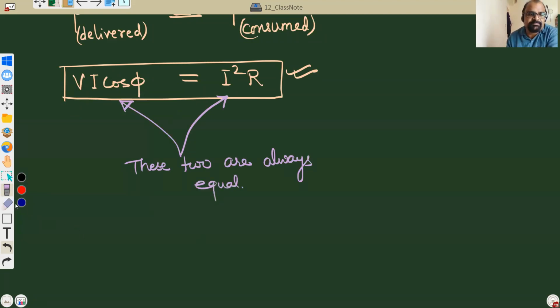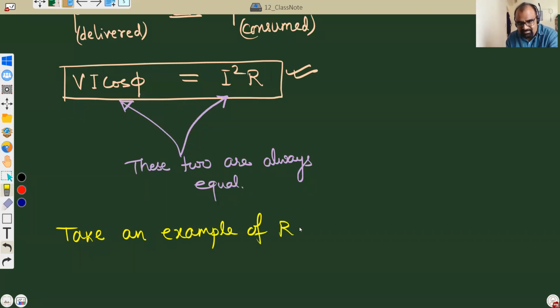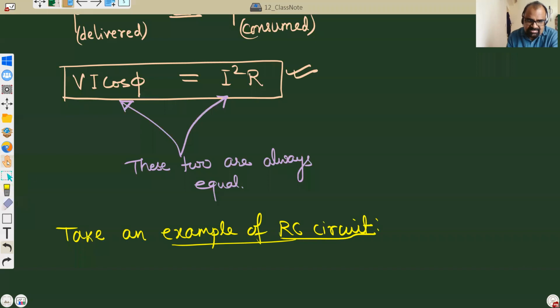Just to prove it, let me take the example of an RC circuit.